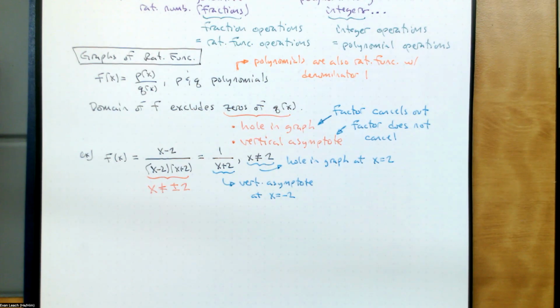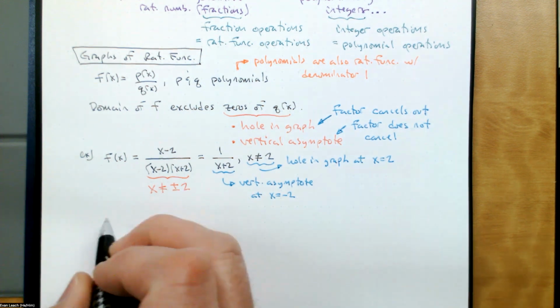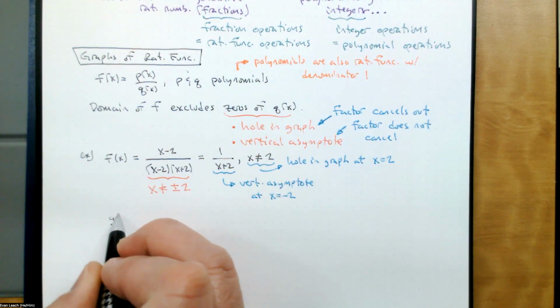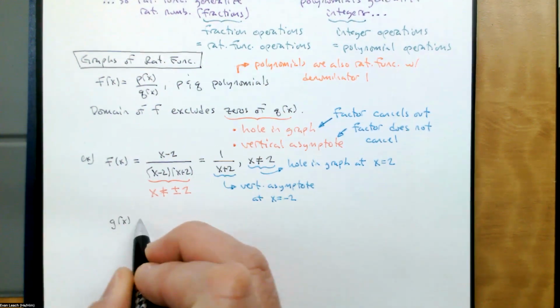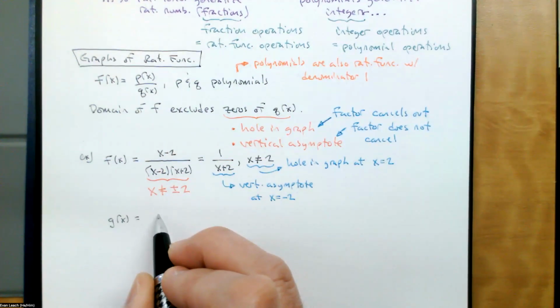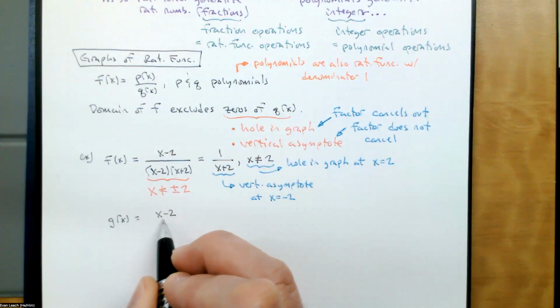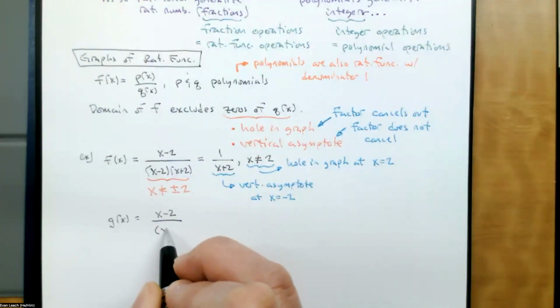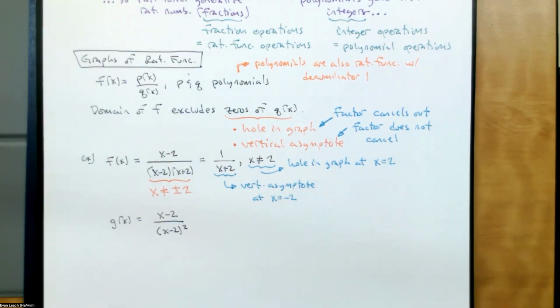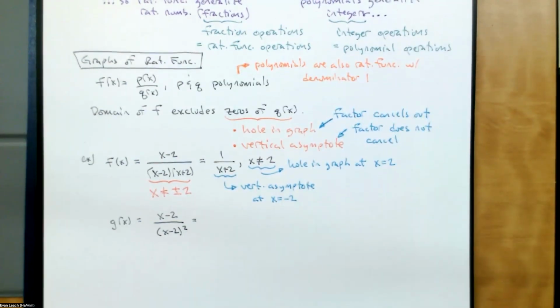When I say that a factor cancels out, that's what produces a hole in the graph. That factor has to go away completely. So for example, if I have a g of x that looks like x minus 2 over x minus 2 squared, we can cancel out one factor of x minus 2, but there's still a factor of x minus 2 in the denominator.